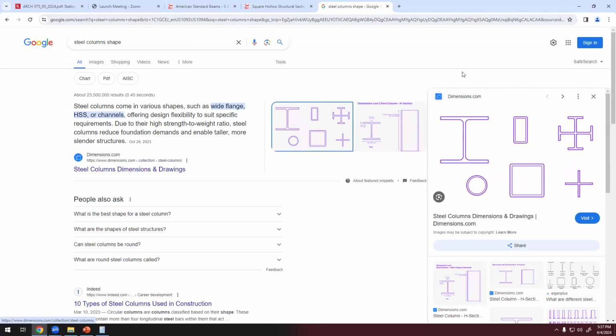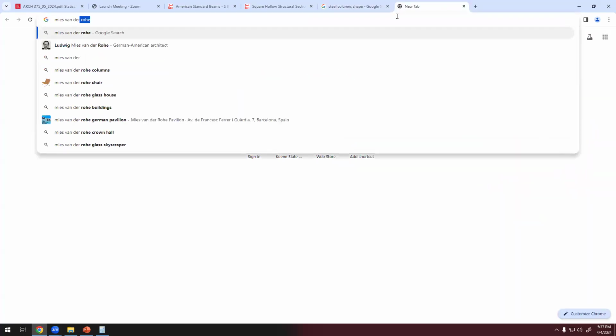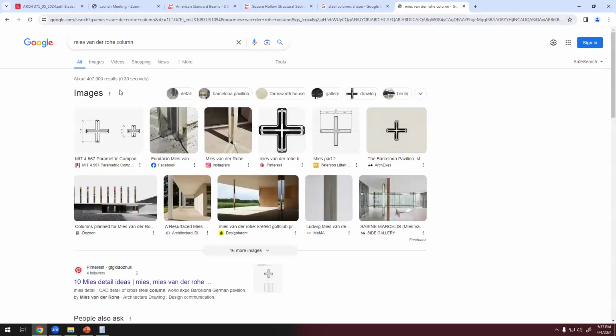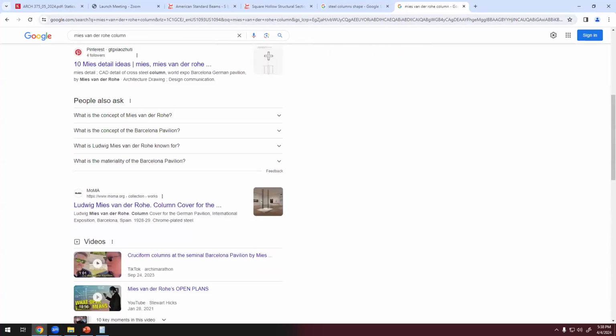This is the typical Mies van der Rohe column. At the Barcelona Pavilion, he's always using this kind of thing. So he's moving most of the weight away from the center point. That makes sense in terms of the shape of the column.